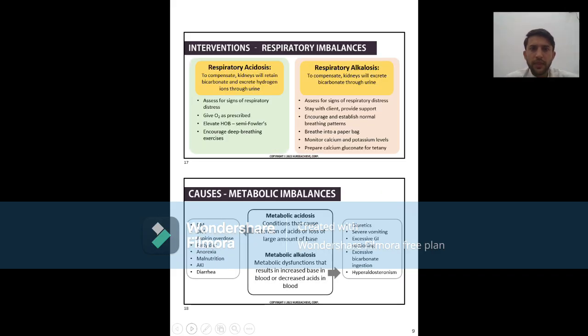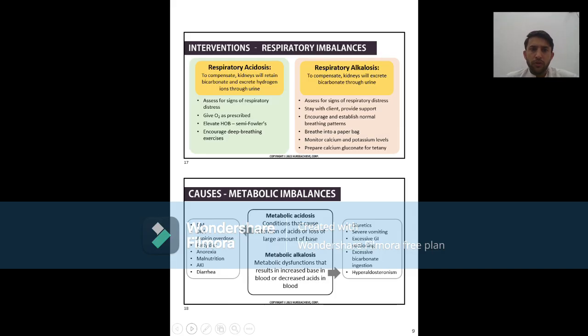We have some important interventions which, as a nurse and healthcare provider, it is important for us to know about. In respiratory acidosis, the kidney will retain bicarbonate and excrete hydrogen ions through urine to compensate. As healthcare providers, we have the responsibility to assist the patient in respiratory distress.